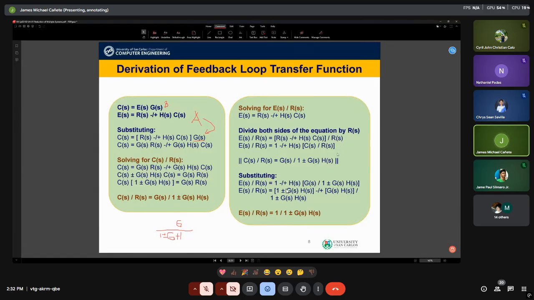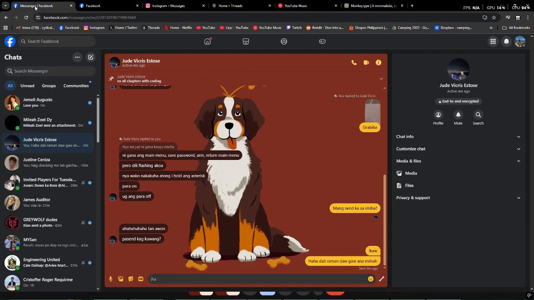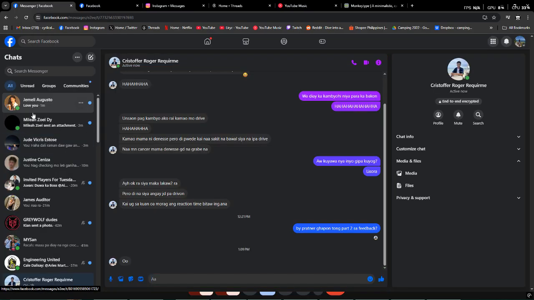We also know that the transfer function of the entire system is defined by C over R. We substitute, replacing C over R with this equation. This fraction here is replaced with a known equation, C over R. So we can then have a definition of the forward path transfer function as this equation.